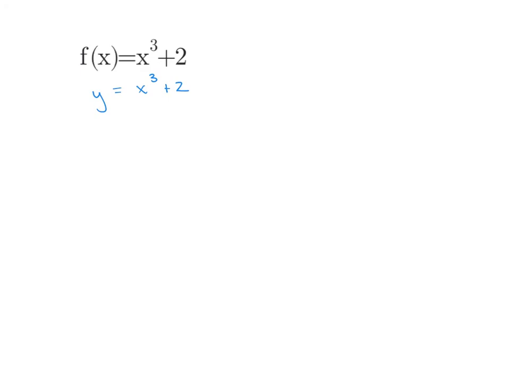I'm going to switch my x and my y, so we get x equals y cubed plus 2. I can subtract 2 from both sides. We get x minus 2 equals y cubed. And then remember that in order to get rid of a cube, we want to use cube roots.